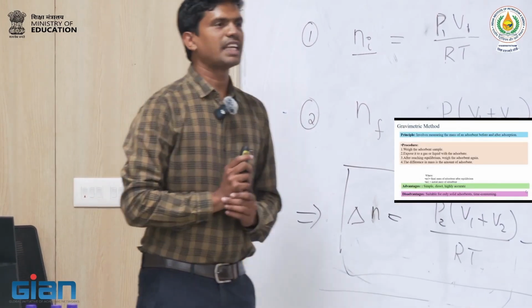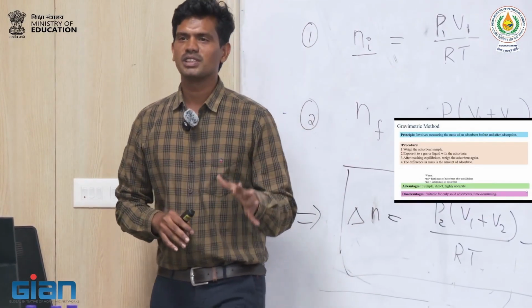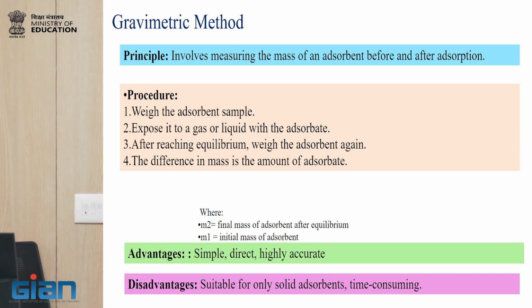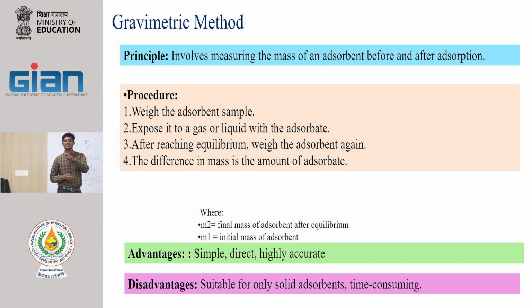So the next one is the gravimetric method, which is simple. Here we need not do anything. The system will do everything for us. It's a very sophisticated system. It involves the measurement of the change in mass, right? Initially you have the solid material, so you measure it, do the gas adsorption, and again measure the weight. The difference in weight is the amount adsorbed. But how we measure is the thing.